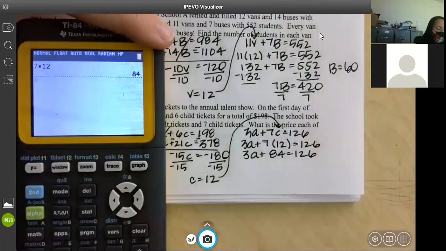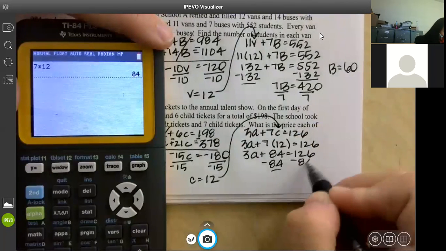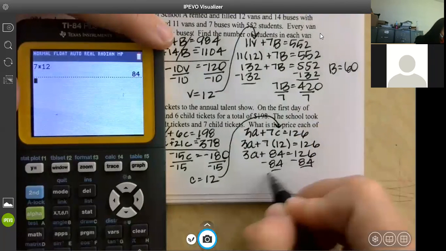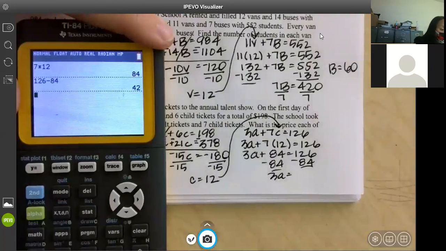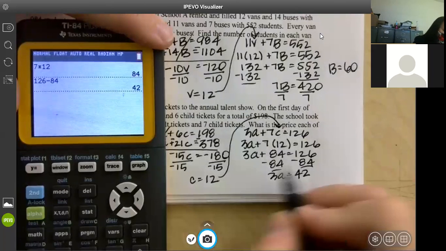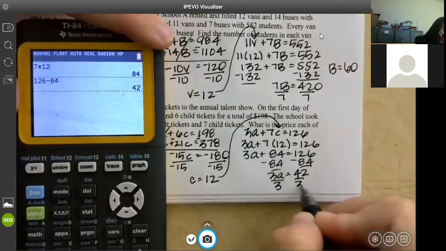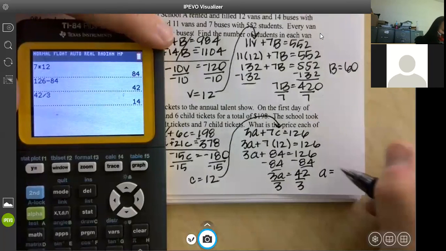How do I solve now? I get 3A equals 42. How do I finish? A equals 14.